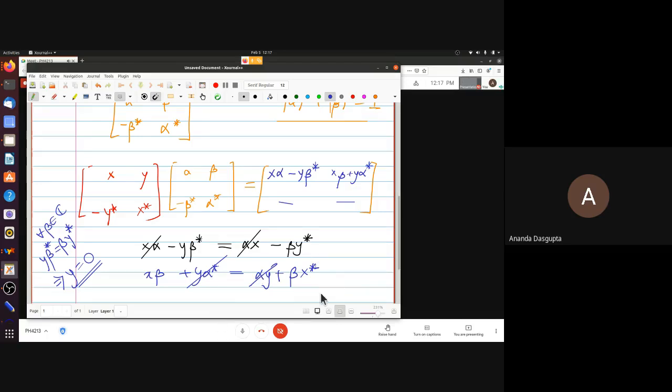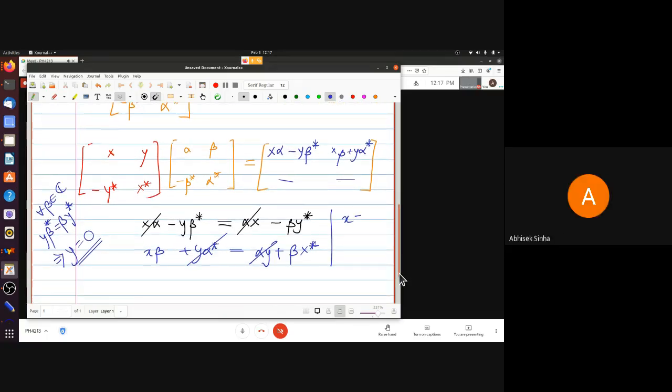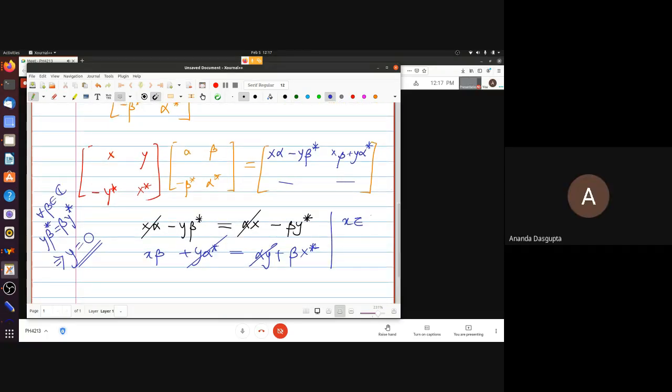And what does this tell you about x? Then, remember, again, this has to be true for all beta. What does this tell you about x? This tells you that x is real, right? x is equal to x star.